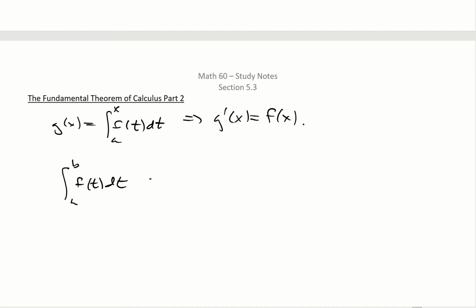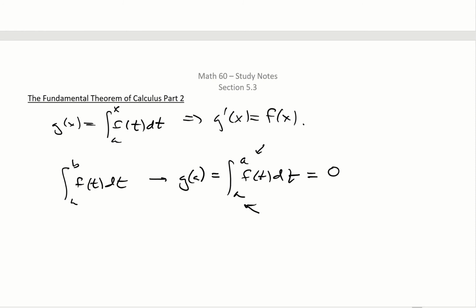For example, if I computed g of a, that would be the definite integral from a to a of f of t dt. And if it's the same limit, yet another property of integrals, then that's equal to 0.